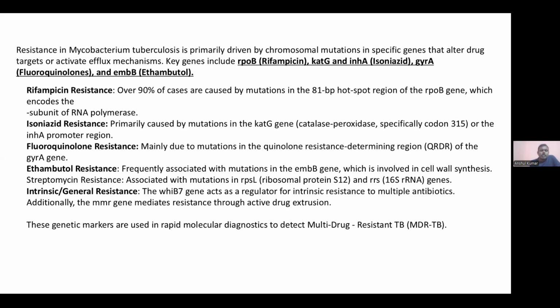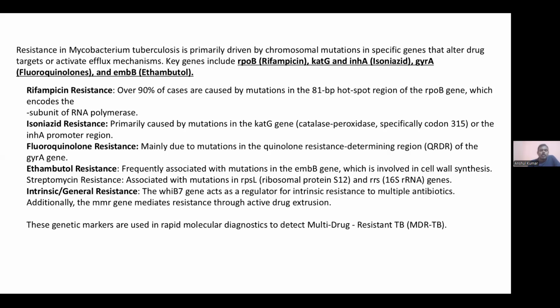Second is isoniazid resistance, primarily caused by mutation in the katG gene, catalase peroxidase, specifically codon 315, or the inhA promoter region. Then comes fluoroquinolone resistance, mainly due to mutations in the quinolone resistance determining region, QRDR, of the gyrA gene. Ethambutol resistance is frequently associated with mutations in the embB gene, which is involved in cell wall synthesis.